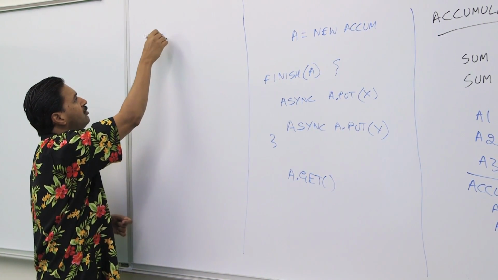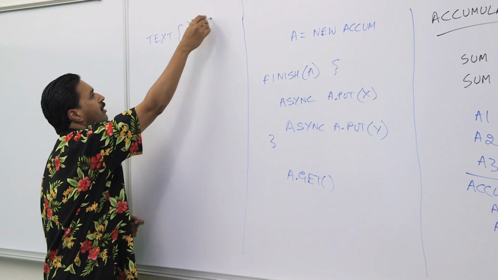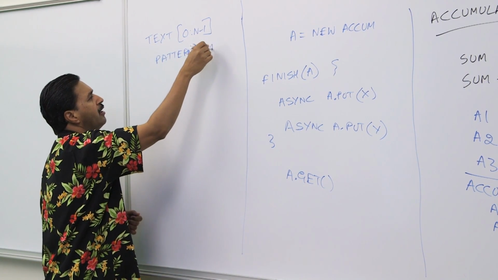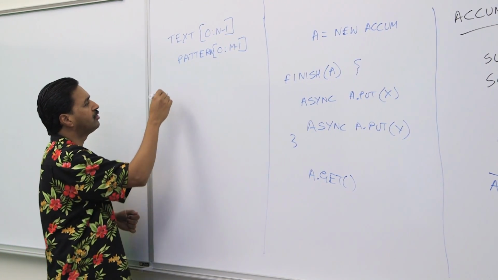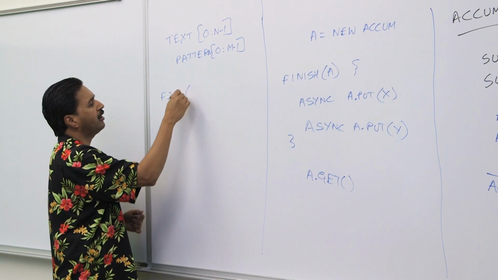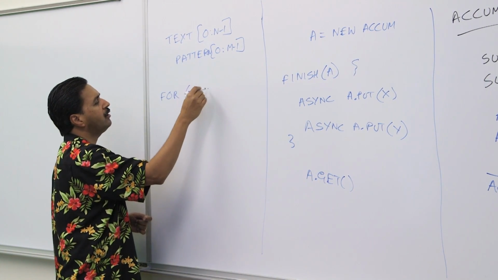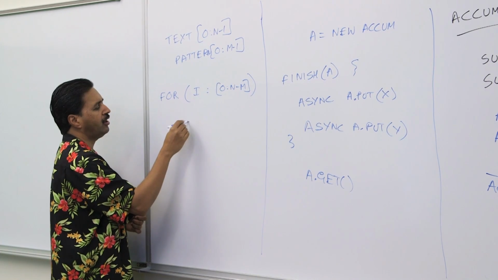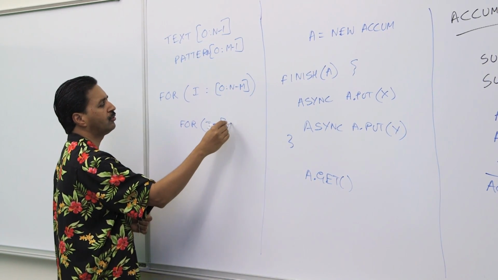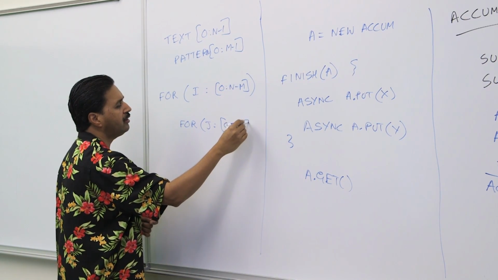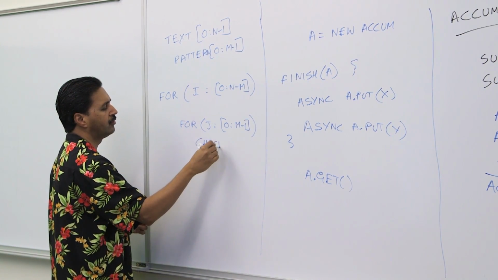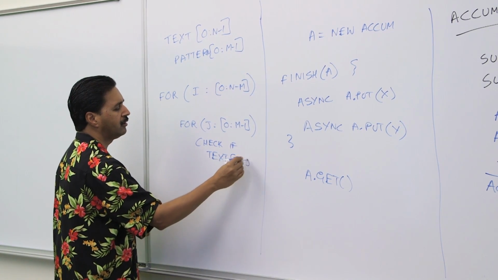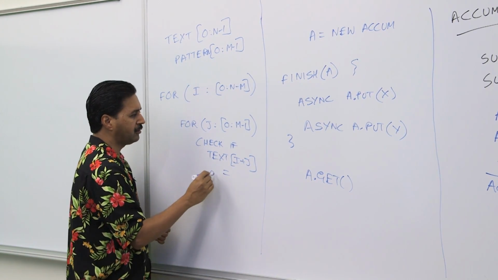So if we have an array of text 0 to n minus 1 and a pattern of length m, to search for the occurrence of the pattern in the text, we can have these two loops for i going from 0 to n minus m, and for j going from 0 to m minus 1, and then you check if text of i plus j is equal to the pattern sub j.